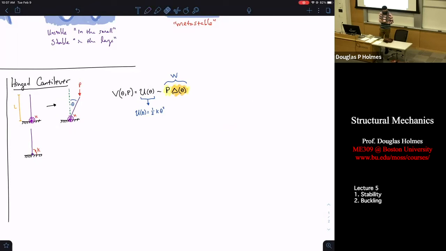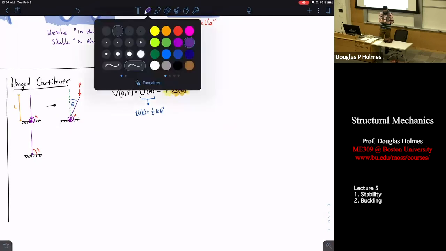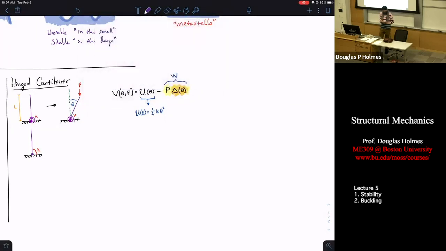Let me try this again. Sorry. I'm going to color my cantilever purple, and then I'll use green for the rest of my triangle. So this height here, this length is L.